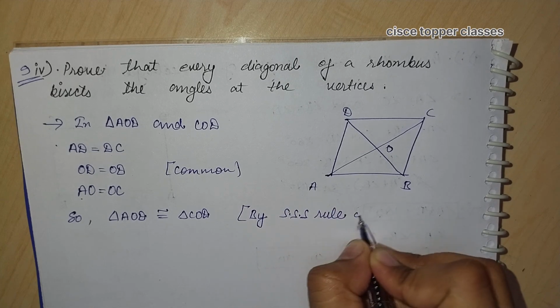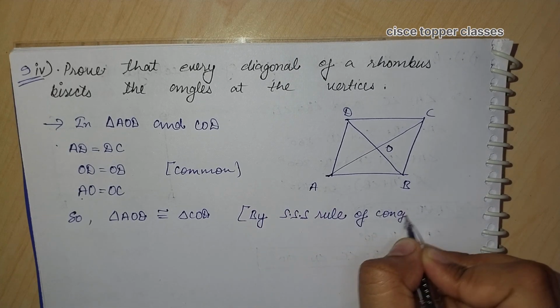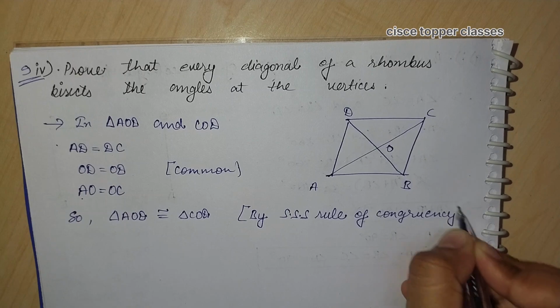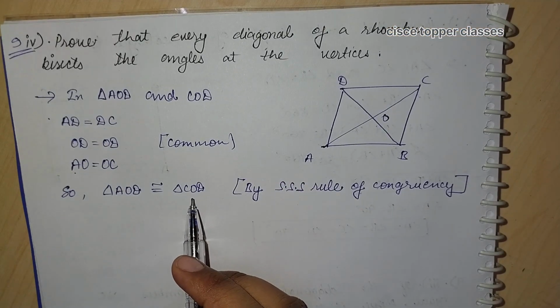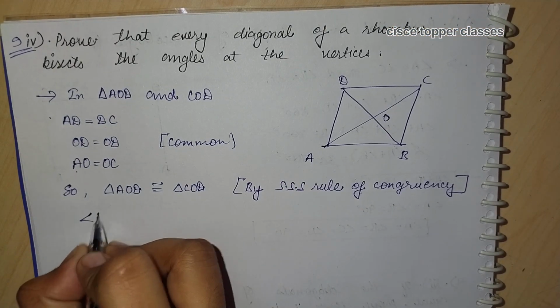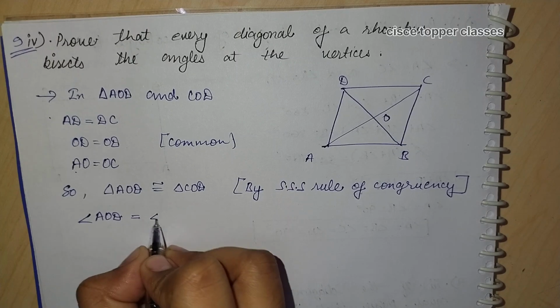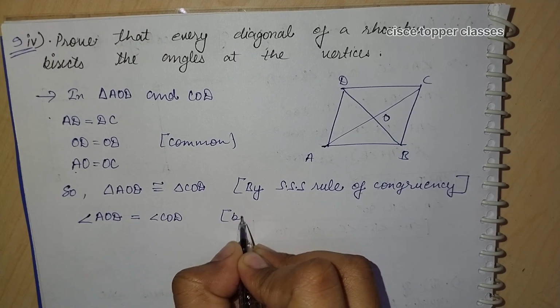By this rule of congruency, we can say that these triangles are congruent here. And as these triangles are congruent, we can say that angle AOD is equal to angle COD by CPCT.